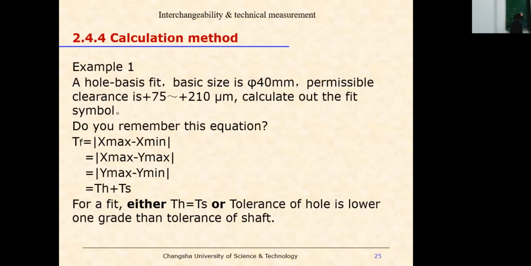So this is 33, the maximum. So the maximum is here. The total tolerance, the TF, is 139, and minus this one. So what is that?